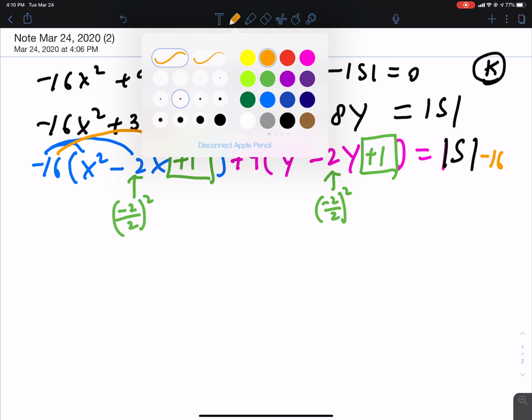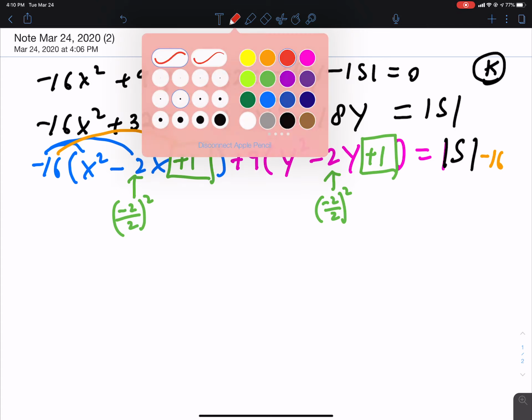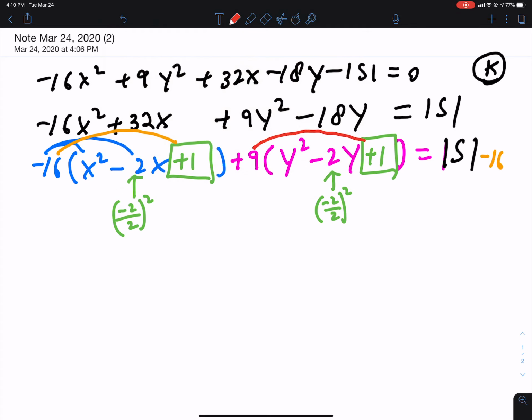And if we look at this one, I really didn't add 1 right here. I added 1 times 9. So I really added 9 to the other side. So therefore, I need to add 9 to the other side. Whatever I add to one side, I have to add to the other.